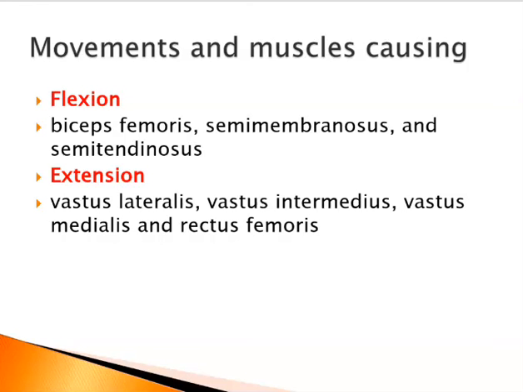Then coming to movements and the muscles causing them. Flexion is caused by biceps femoris, semimembranosus and semitendinosus. Extension is caused by quadriceps muscles, that is vastus lateralis, vastus intermedius, vastus medialis and rectus femoris.